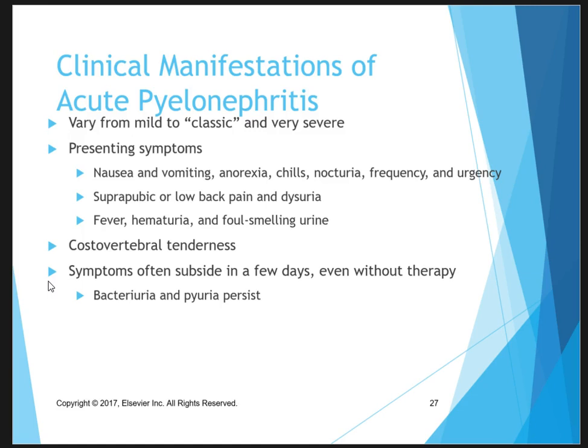And here's where that low back pain comes in. Before I said an odor to urine; pyelo urine is going to have a very, very foul smell. You'll have CVA tenderness. And very often here, symptoms will subside on their own without therapy, but the infection itself still persists. And that's kind of where that scarring piece can come from.